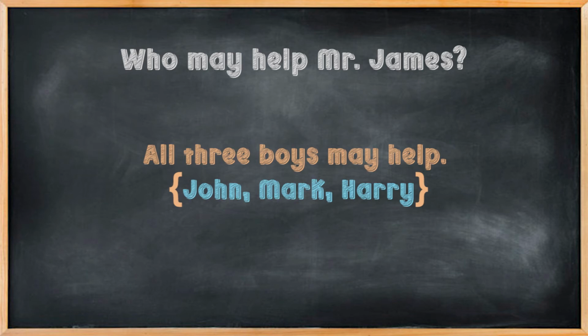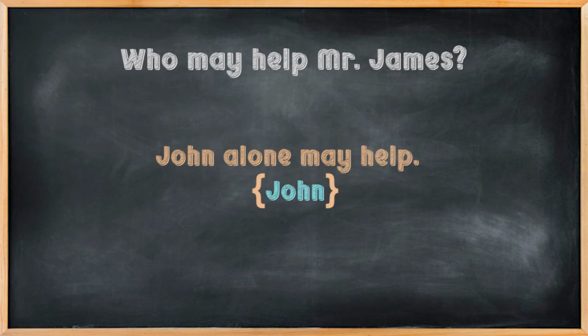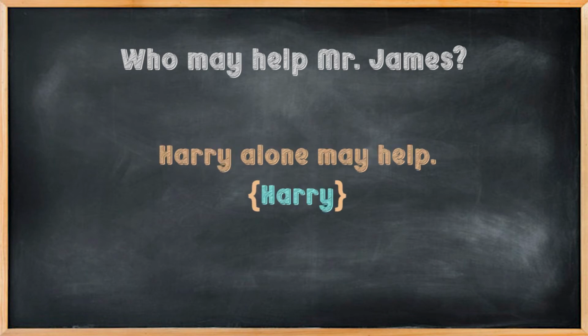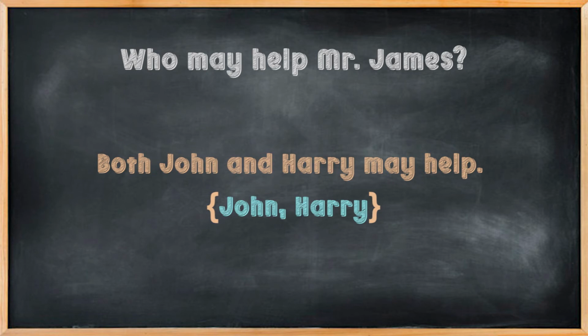So the subsets of set B are an empty set, a set with John alone, a set with Mark alone, a set with Harry alone. We can also have a set with Mark and John. There's a set with John and Harry.